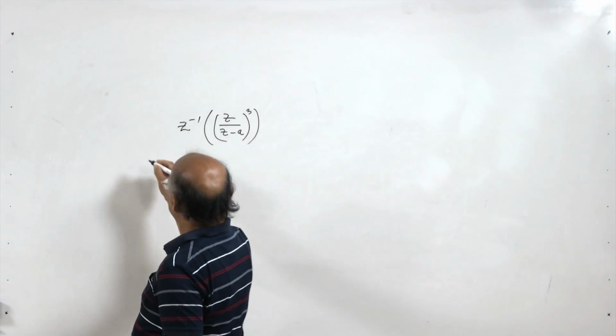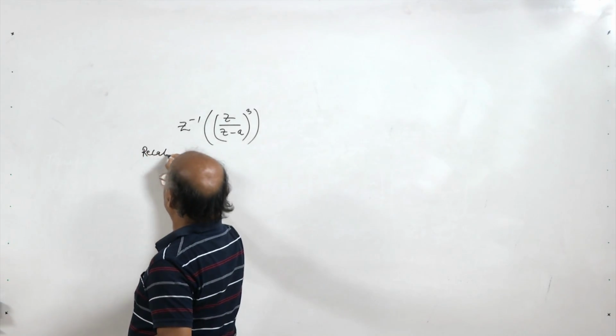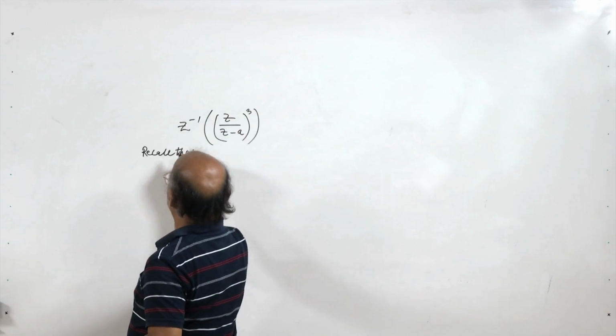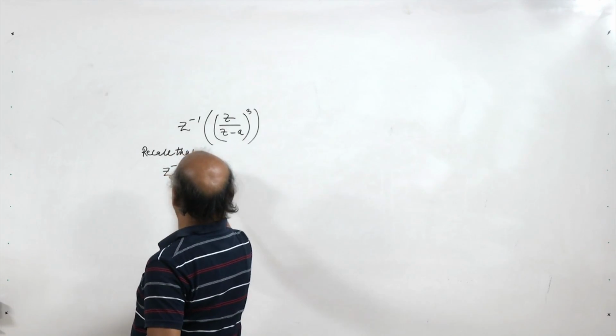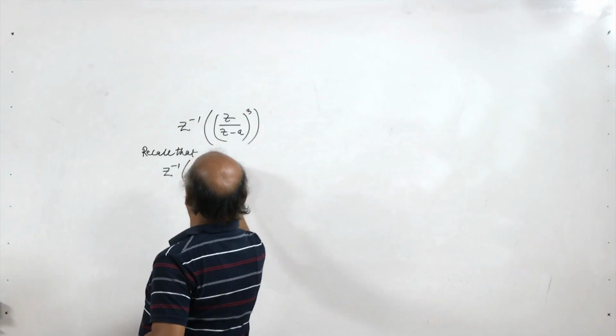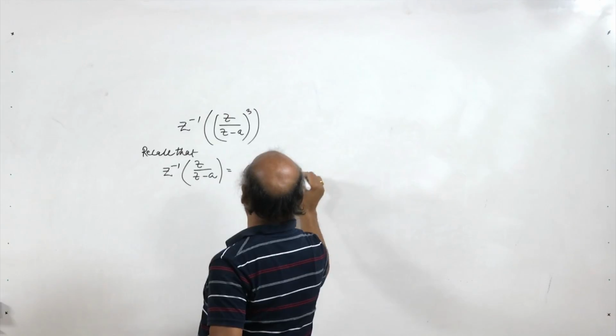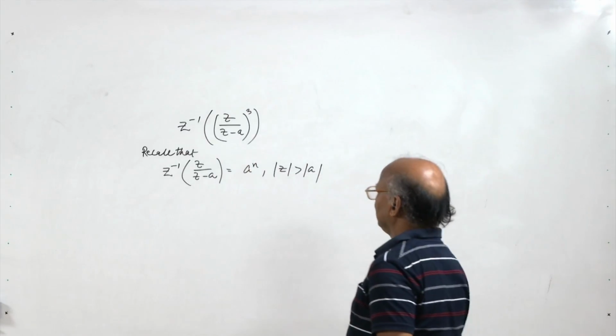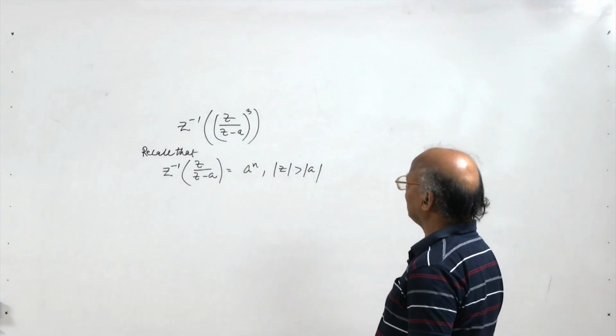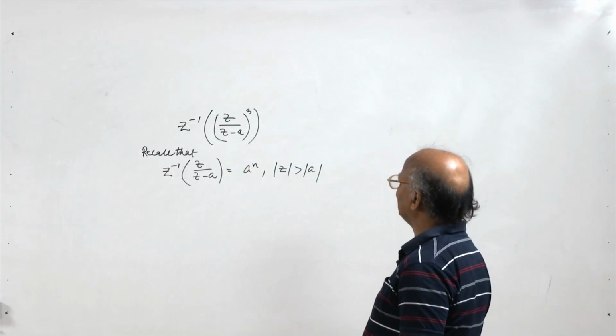Let us recall that Z inverse of z over (z minus a) is equal to a to the power n, provided mod of z is greater than mod of a. So, we know the inverse Z transform of z over (z minus a) is a to the power n.